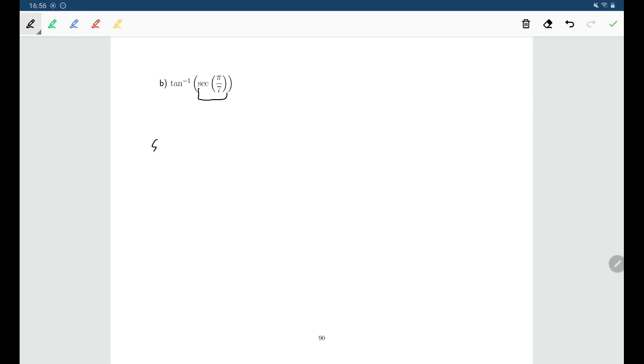Using my calculator, again making sure that your calculator is in radians mode, secant of pi over 7 would be found by taking 1 divided by cosine of pi over 7.